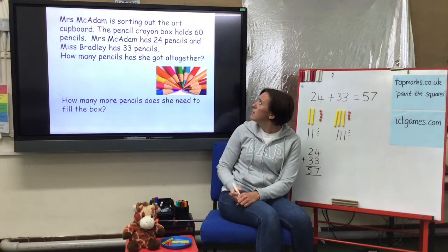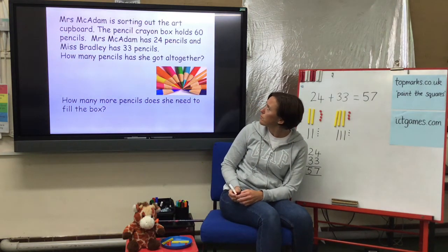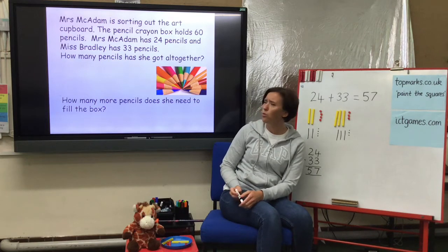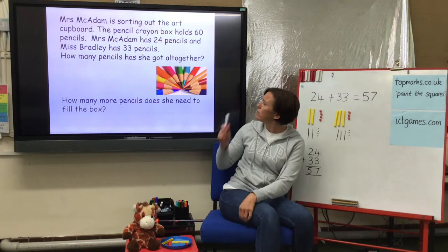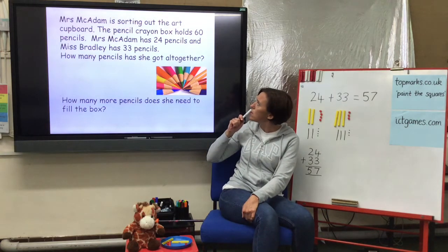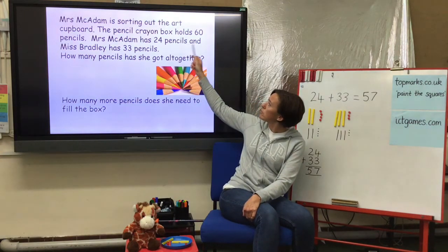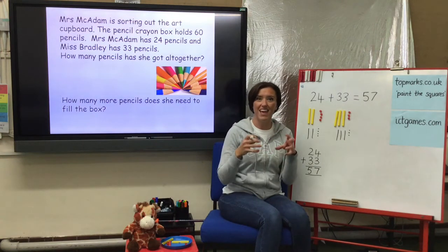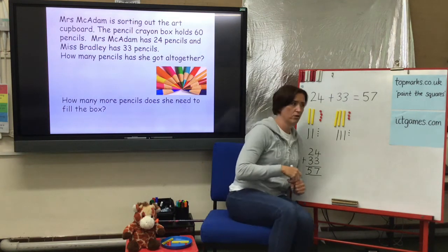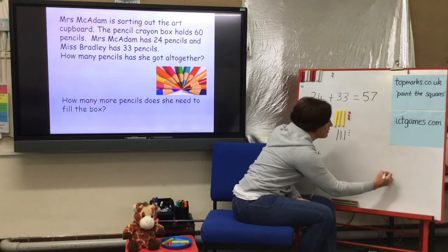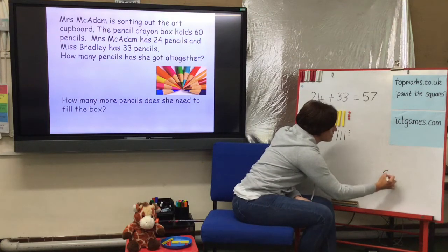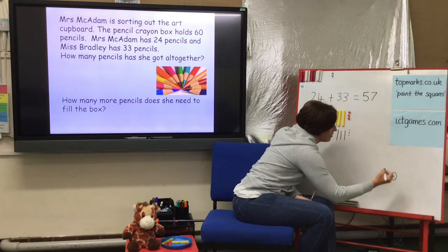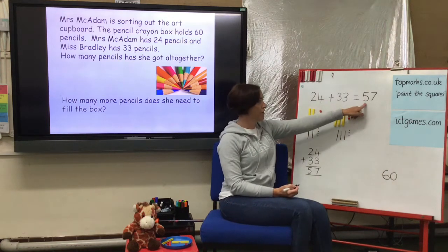Now, how many pencils did the box hold all together? Have a look in there for a clue. It says the pencil crayon box holds 60 pencils. So that's how many will fit into the box. So if we know to be full, the box has 60 pencils, okay? And at the moment we've got 57.